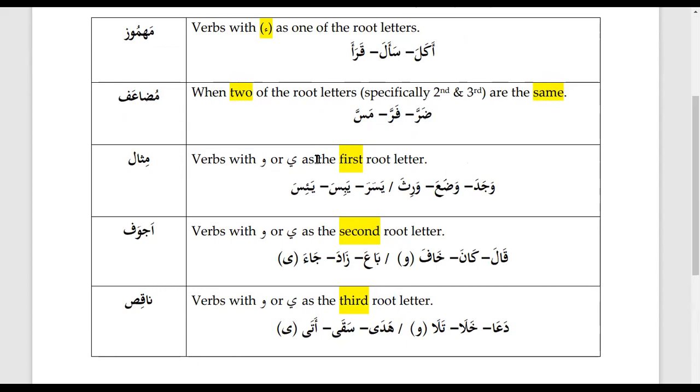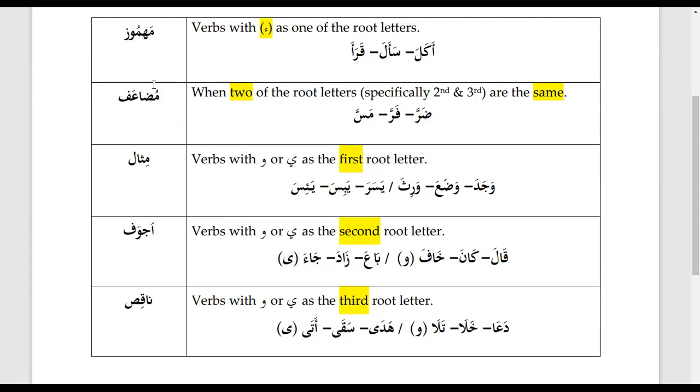And I have sent you the conjugation of all of them. For example, for mahmuz and for mithal, especially mithal wawi, the past will be the same as dhahaba. So they will be on the pattern of dhahaba. If you can do the conjugation of dhahaba, you should be able to do the conjugation of akala, sala, and qara.